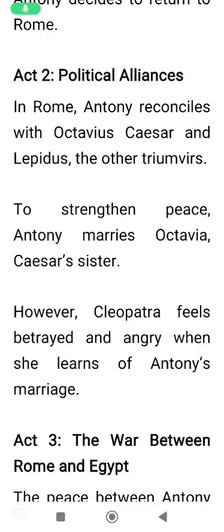Then remember, he left one of his lovers, the queen of Egypt, there in Alexandria, Egypt. So he decided to marry Caesar's sister just for political reasons, so that he will get peace from his people.